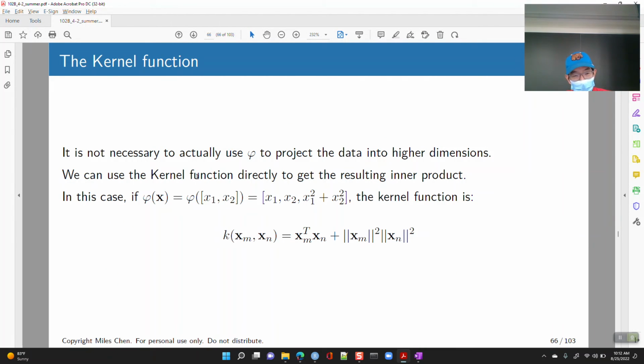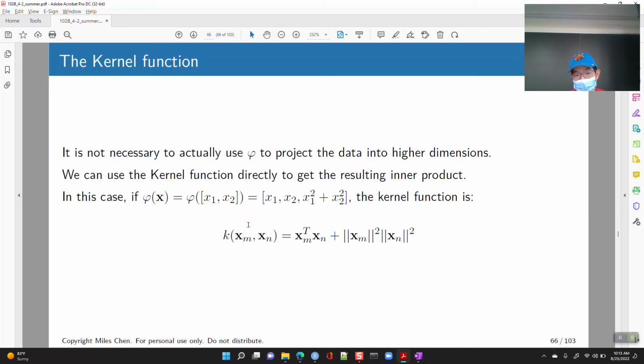So the equivalent kernel function for this is you just take the inner product of xm and xn. You do xm transpose xn plus norm xm squared times norm xn squared. Okay, and if you do this, the result is going to be equivalent.